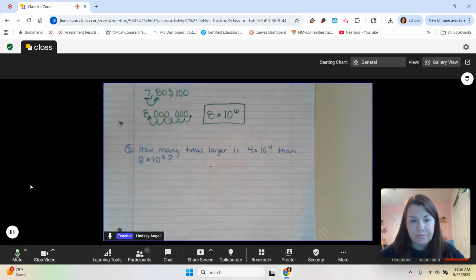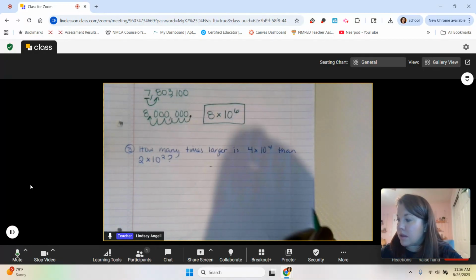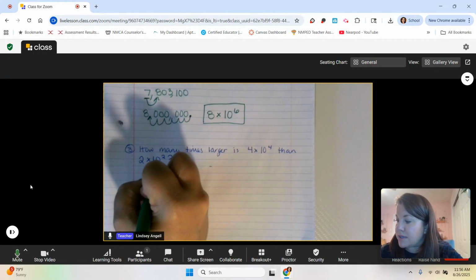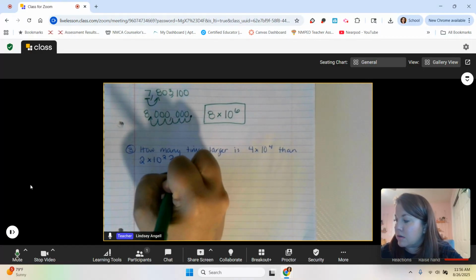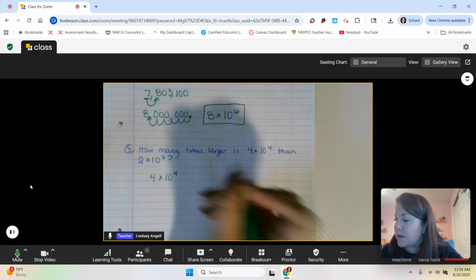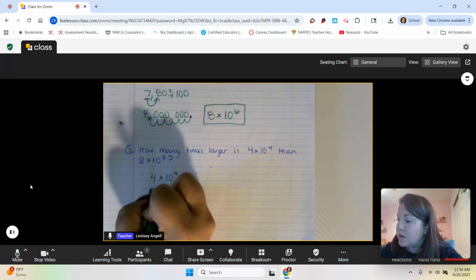Number 3. How many times larger is 4 times 10 to the 4th than 2 times 10 to the 2nd? Well, what we can do to solve this is use subtraction. We want to know how many times larger.